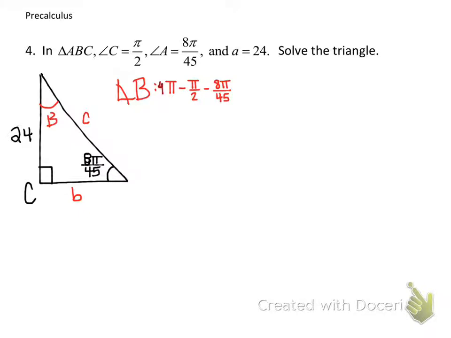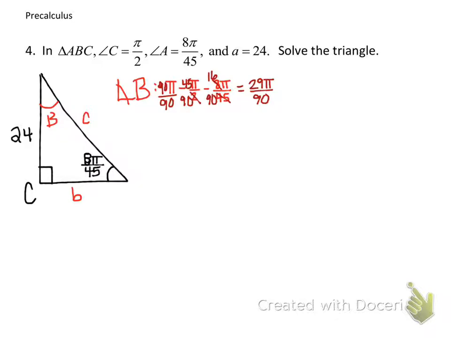So we're going to have 90 pi over 90, 45 pi, and 16 pi. So 90 minus 45 minus 16 gives us 29 pi over 90. So that's the measure of angle B.